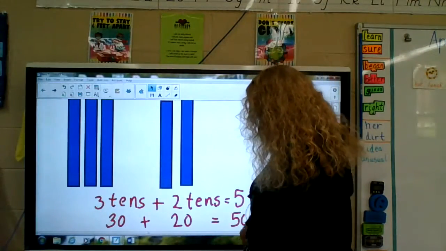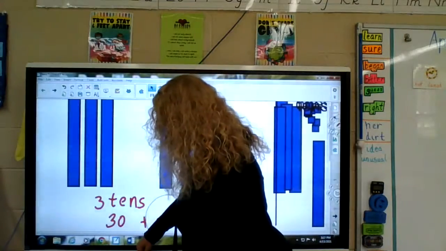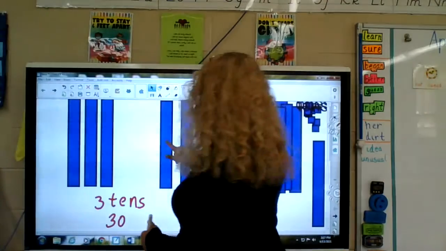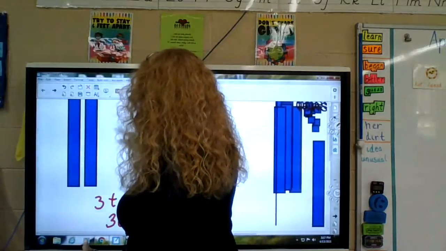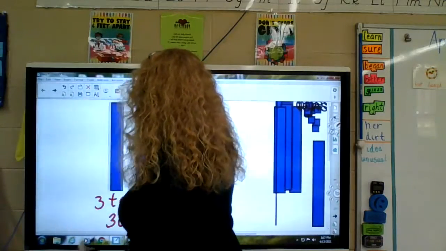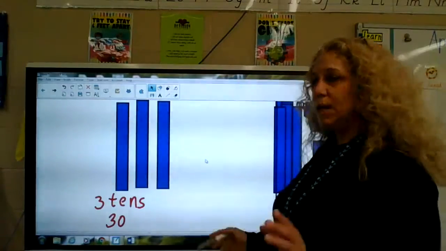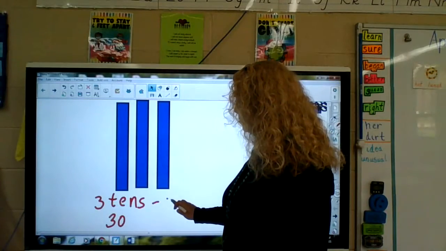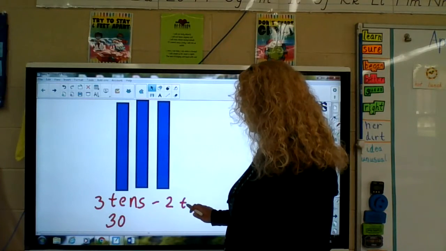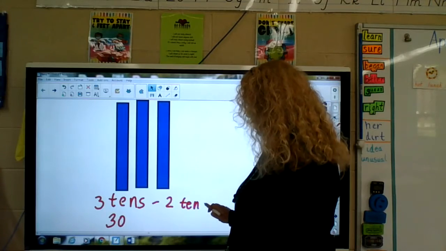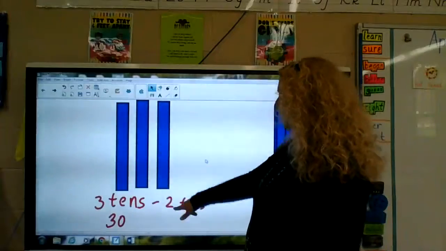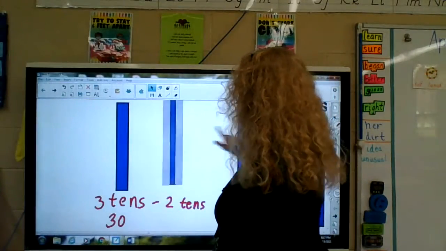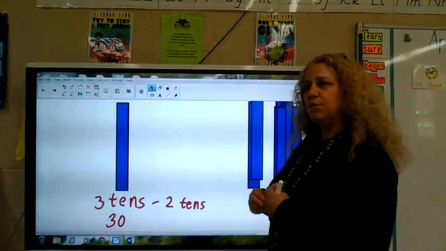Now we start with the big number. I'm going to start with 3 tens. This time we're going to subtract 2 tens. Subtract means to take away, right? So 3 tens minus 2. We're going to take 2 away, and you can take 2 away from yours.